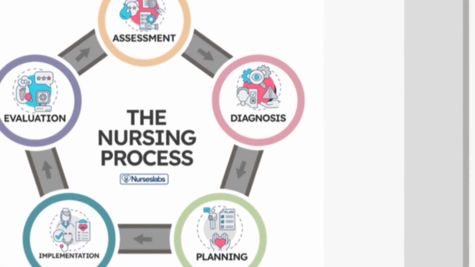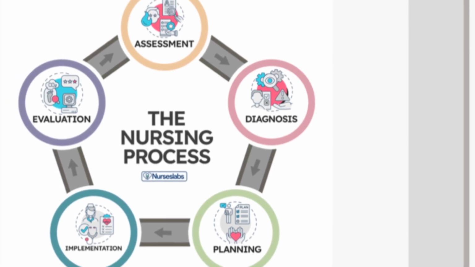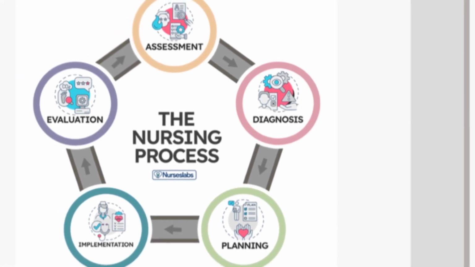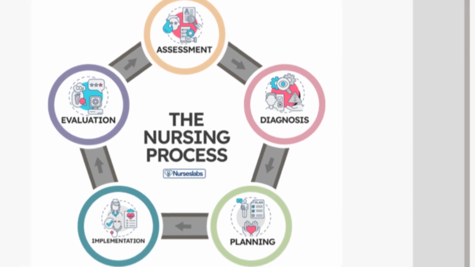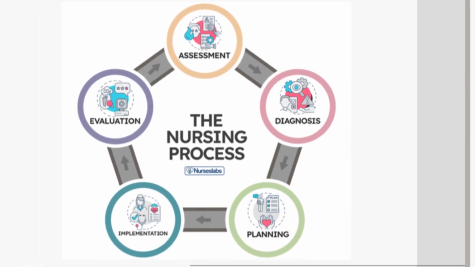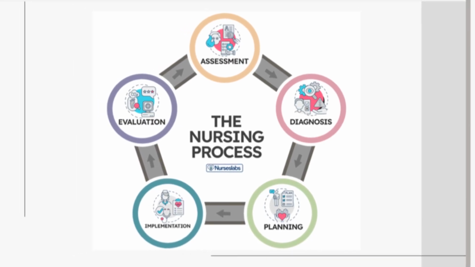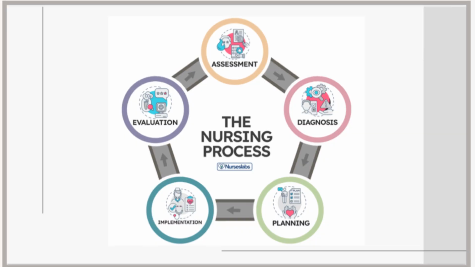Implementation, intervention, defines what actions the nurse or healthcare provider will do and includes a rationale for each treatment. Evaluation determines whether the plan and interventions produce the expected outcome and whether interventions should be continued, changed, or terminated.